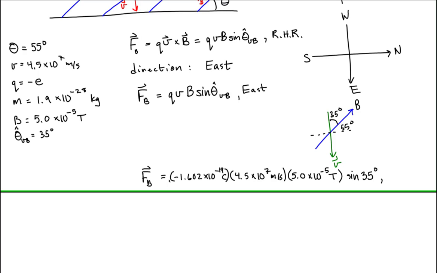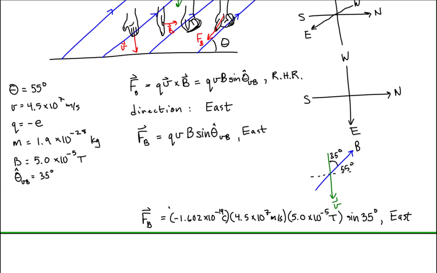The direction of this magnetic force is east. Doing a unit check, I see that we have a coulomb meter per second Tesla, which is the unit of Newton.